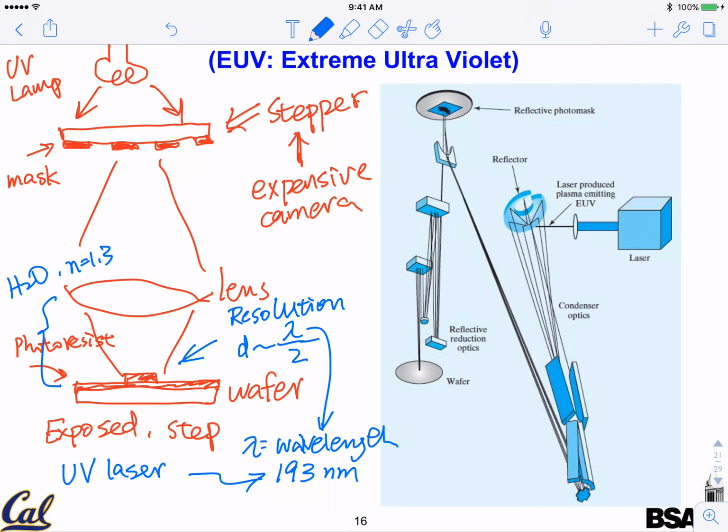Refractive index will appear in the denominator of the resolution. So you get an instant boost of 30% performance improvement by doing, if you hear this name, immersion lithography. Basically, you immerse the whole wafer in water.